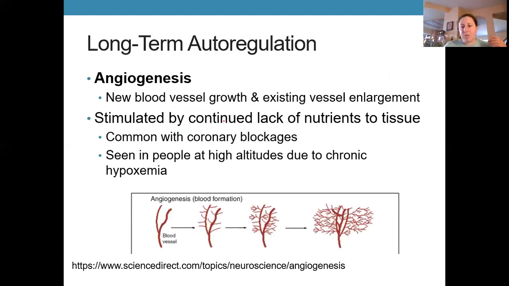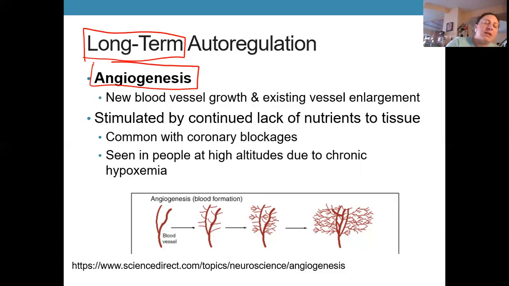Now, if we're constantly having an issue where a tissue needs more blood flow and it's not receiving it, the tissues are actually able to increase the number of blood vessels that they have. So this is a long-term autoregulation. It's a long-term adjustment made for constant lack of nutrients.